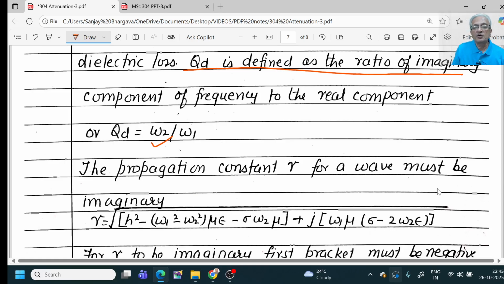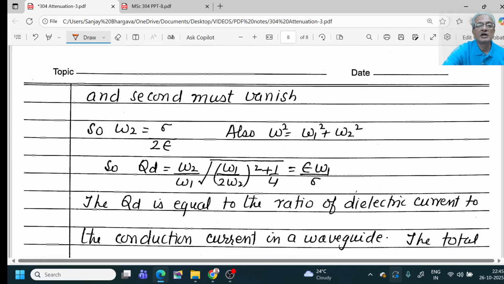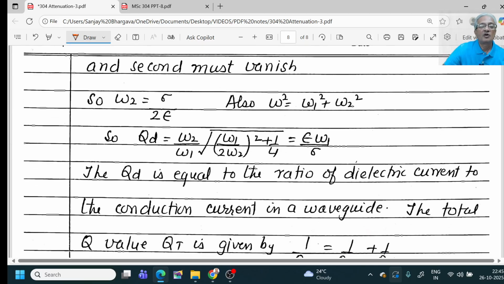The propagation constant gamma for a wave must be imaginary. So gamma can be written as under root of h square minus omega 1 square minus omega 2 square mu epsilon minus sigma omega 2 mu plus j omega 1 mu sigma minus 2 omega 2 epsilon. For gamma to be imaginary, the first bracket must be negative and the second must vanish.